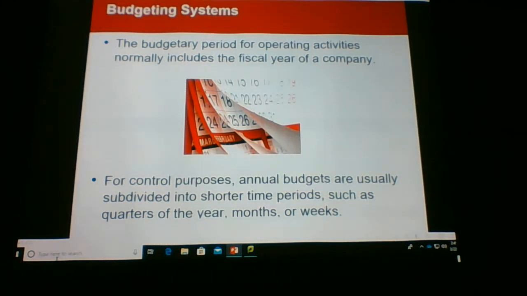Again, assuming a January 1 through December 31st year. It doesn't help us any if we find out at the end of the year that we have been doing poorly and all of the goals that we put forth at the beginning of the year are not going to happen. So your slide says here, we normally will take budgets and we will subdivide these into shorter periods, such as quarterly goals, monthly goals, and weekly goals.